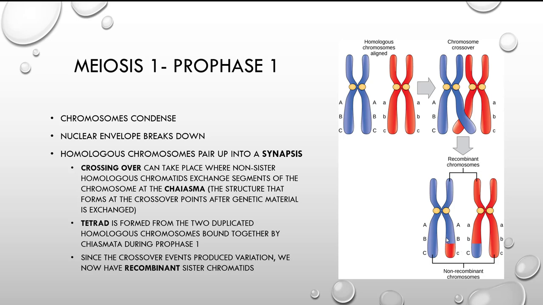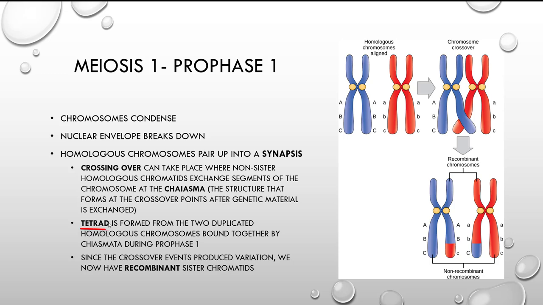And so the point where they actually exchange genetic information is called a chiasma, okay? Chiasmata is the plural, chiasma is the singular for that. That's just the structure that forms at that point where they flip and exchange information. And so when they're grouped together like this, you count 1, 2, 3, 4 total chromatids.